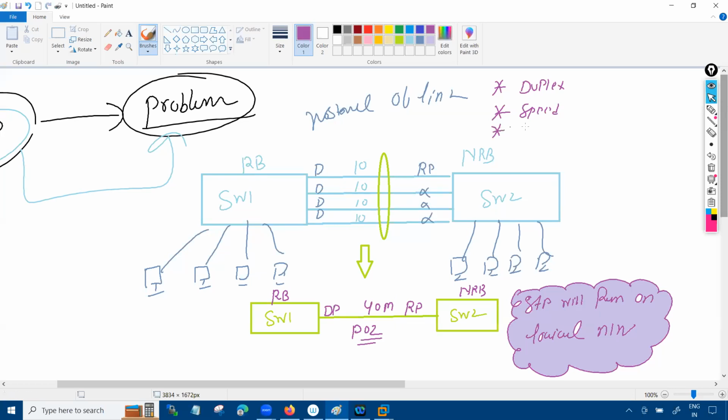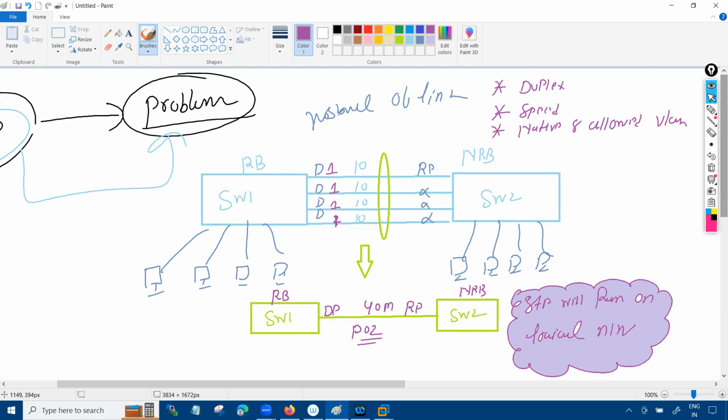The third thing is, native VLAN and allowed VLAN are the same. Remember, we have seen the command switchport trunk allowed vlan, and the native VLAN concept. For example, if the native VLAN is one on this side, and this guy has two, then again the EtherChannel will not be up.